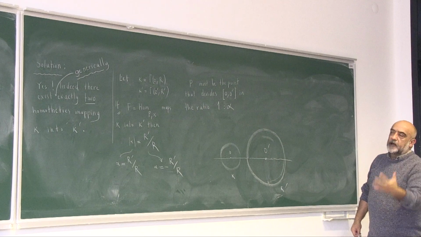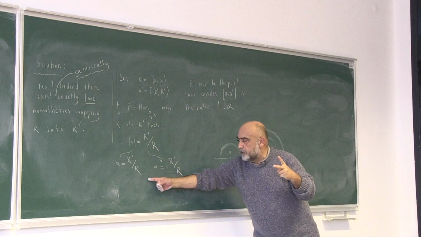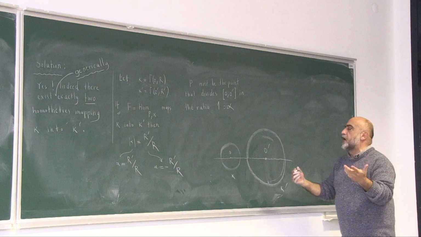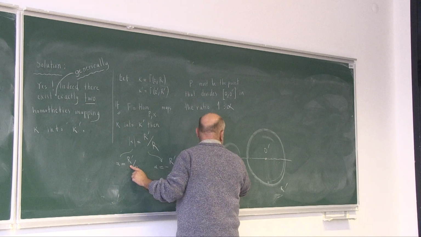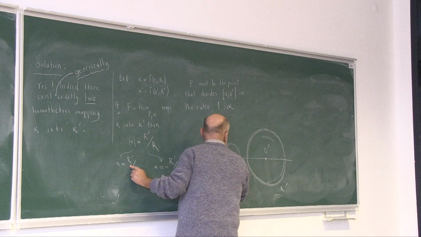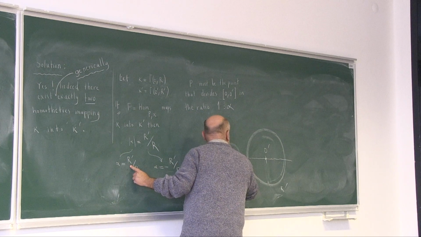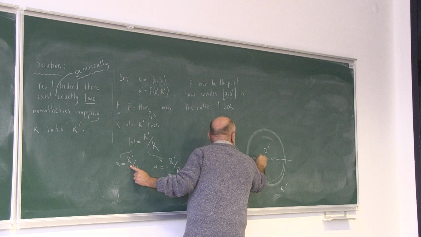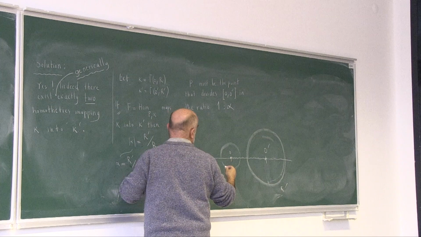The only possible alphas are either r prime over r or minus r prime over r. If you work with the positive one, it is a point that divides this line segment in the ratio r prime to r.